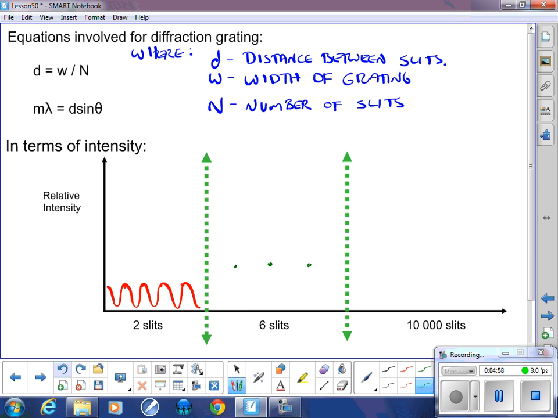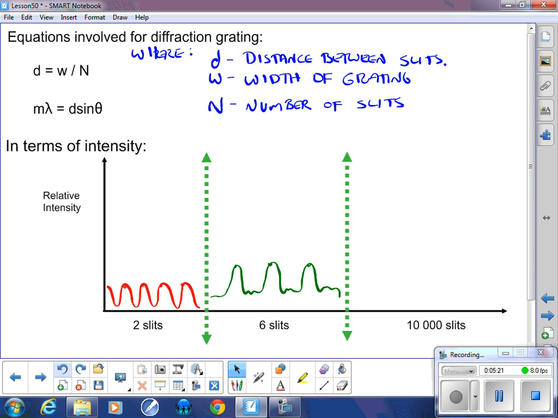So evenly topped peaks. And you'll see this, I got a website on there for you. And what happens is it doesn't go down to 0. It kind of gets jumbled up there. And you get an intensity that looks like that. Okay, so the intensity increases, you don't get those dark bands.